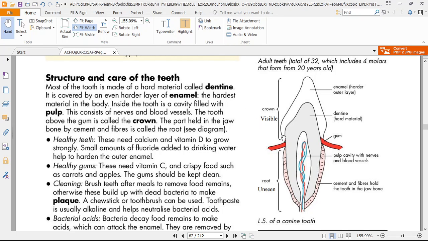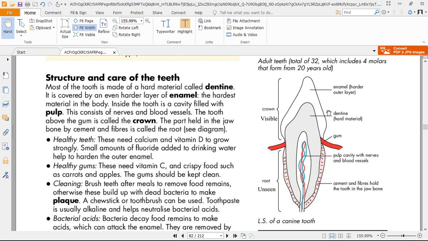The visible side is what we call the crown, and in the crown you have the enamel and the dentin. The enamel is a hard outer layer made up of calcium and other minerals that make it very hard. So the enamel is the outer one of the two that make up the crown, the visible side.